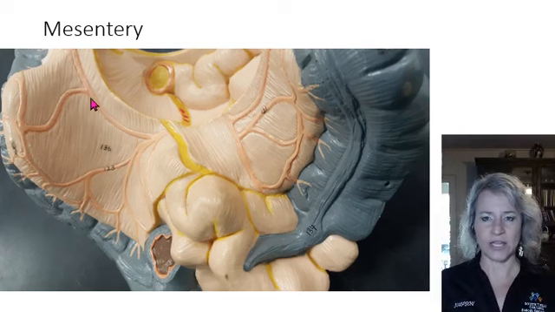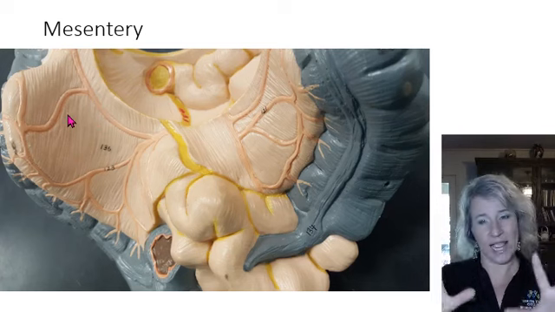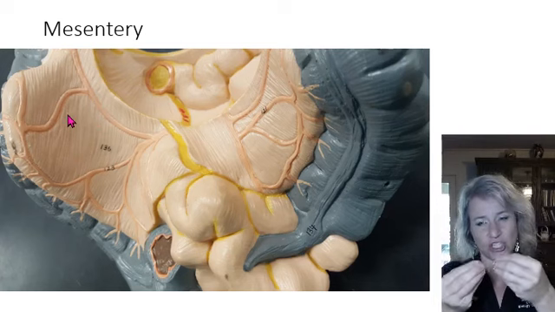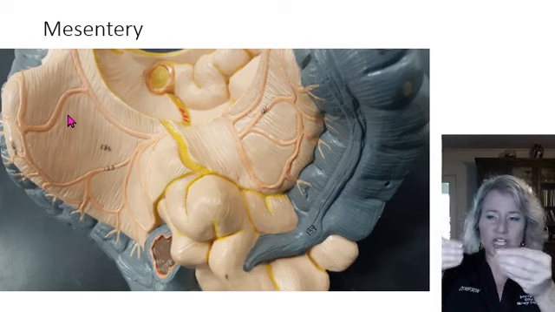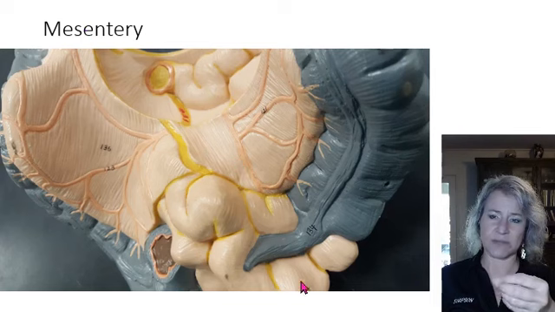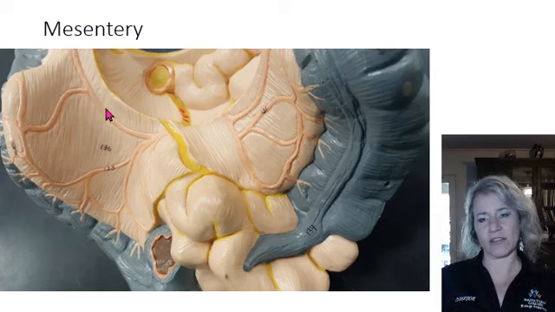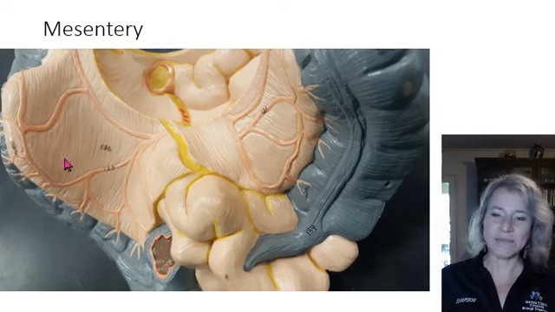But the mesentery, which is this thick membrane right here, holds your guts in place. This is the large intestines. This is the small intestines. All of this is small intestines, the appendix. So this right here is my model of Tommy's intestines, and this is the mesentery.